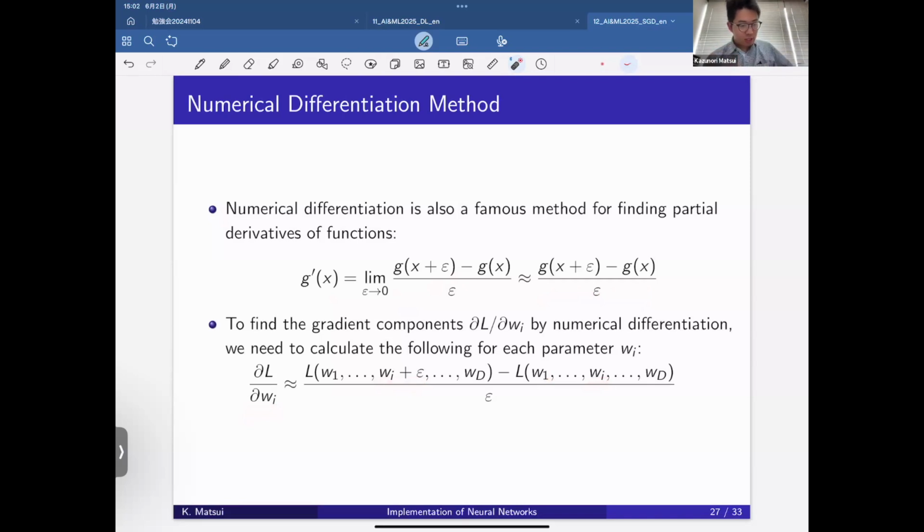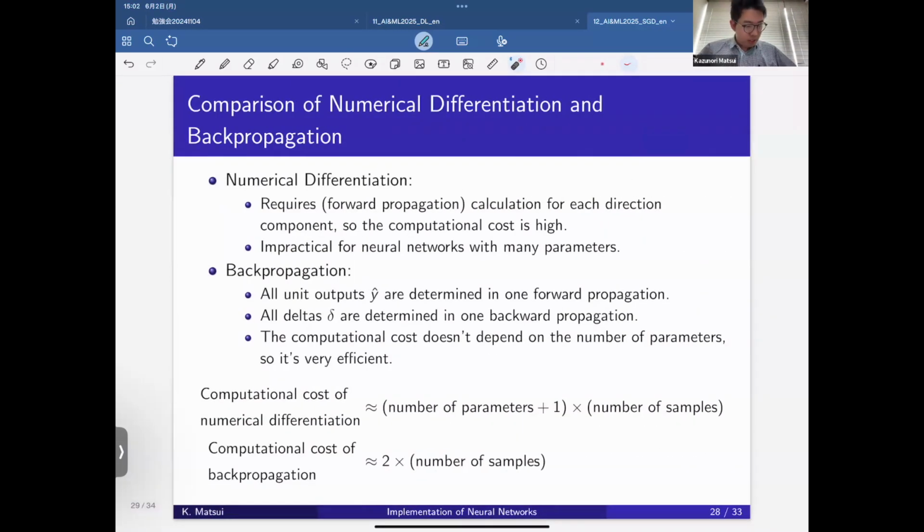We could use this method to calculate partial derivatives. The reason the backpropagation method is used more is that numerical differentiation is very convenient when the function is already specifically known. But in this case, various parameters influence each other.